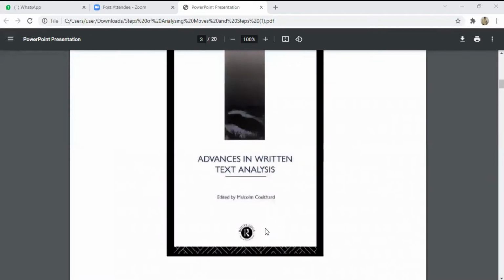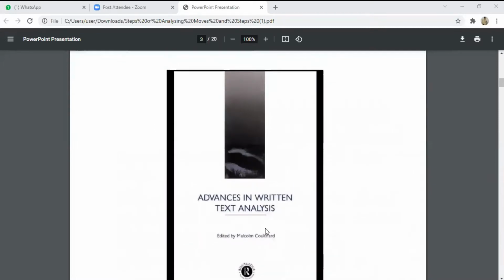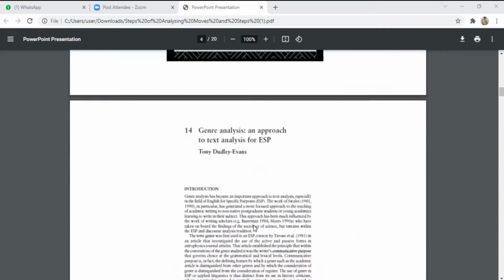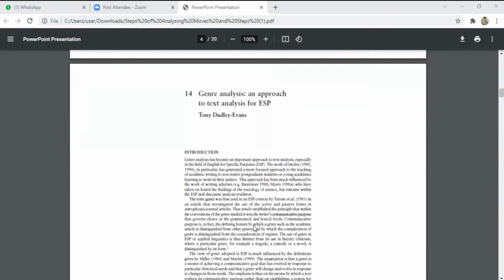I shared the book, and you can download it. It is already quite old, 1994, but it is still used by people when analyzing discourse or part of discourse. So this is the chapter, Genre analysis: an approach to text analysis for ESP.